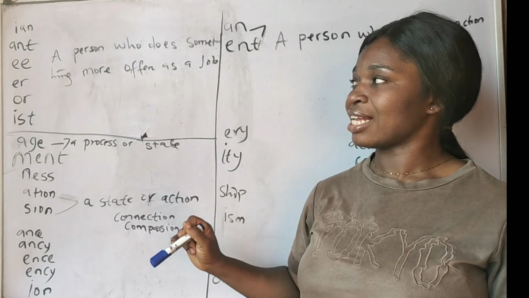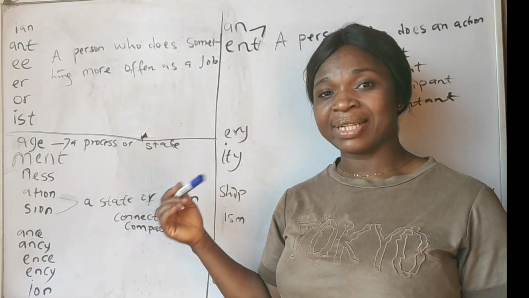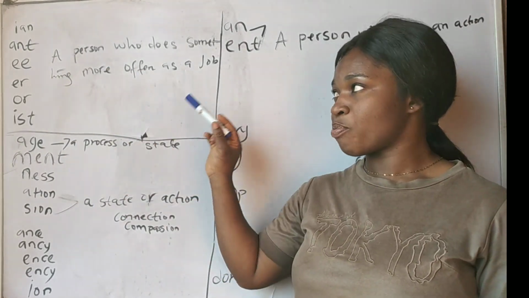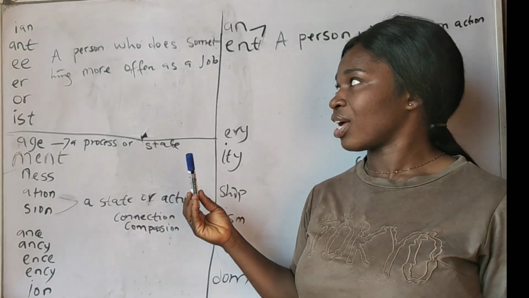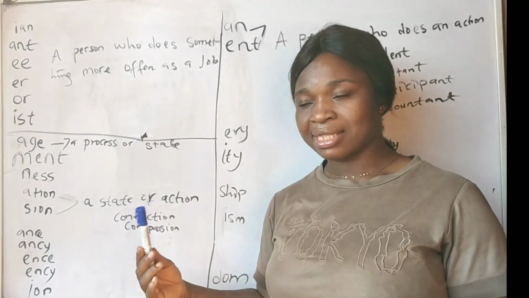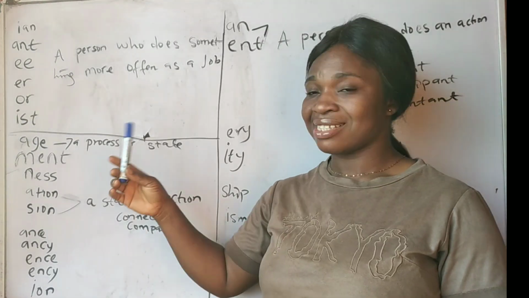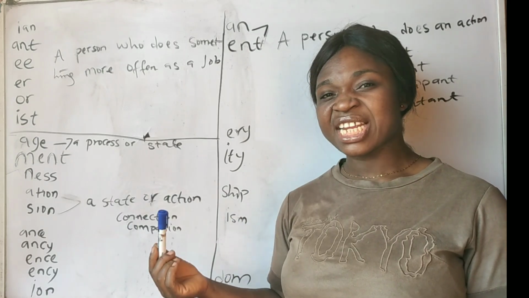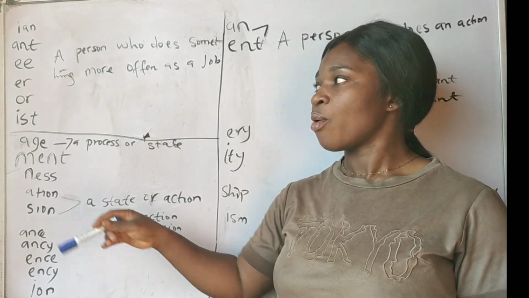So we have IAN. It can transform a verb to become a noun, and usually they pertain to persons. This usually works with people, okay? We have ANT. For instance, you can have a participant, you can have an accountant, okay? That is the ANT right there. We have the EE. You can have a trainee, a referee. They represent persons. We have ER.